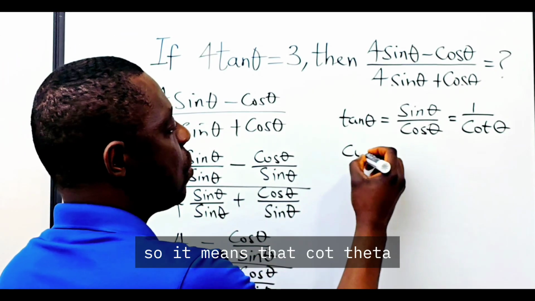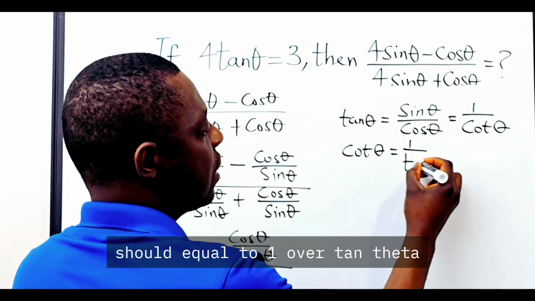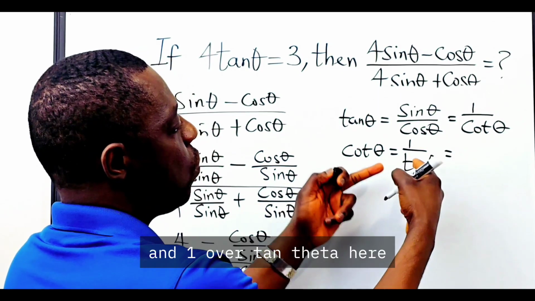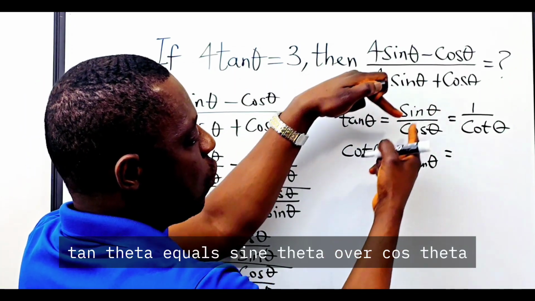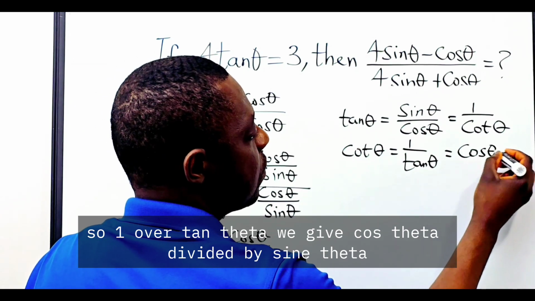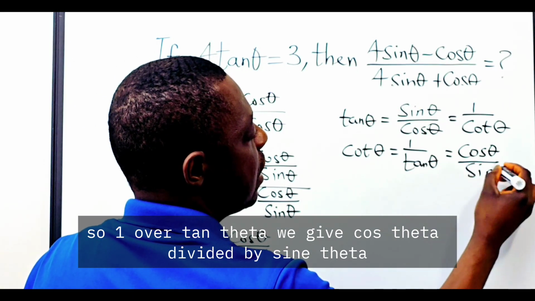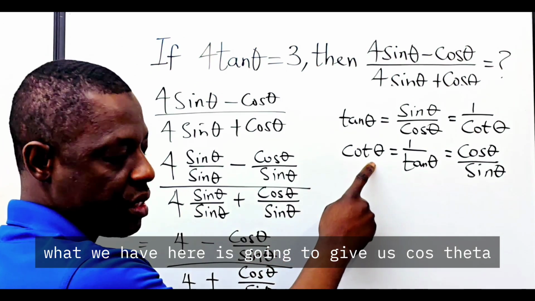So it means that cot theta should equal 1 over tan theta. And 1 over tan theta, where tan theta equals sine theta over cos theta, gives cos theta divided by sine theta. That means that what we have here is going to give us cot theta.